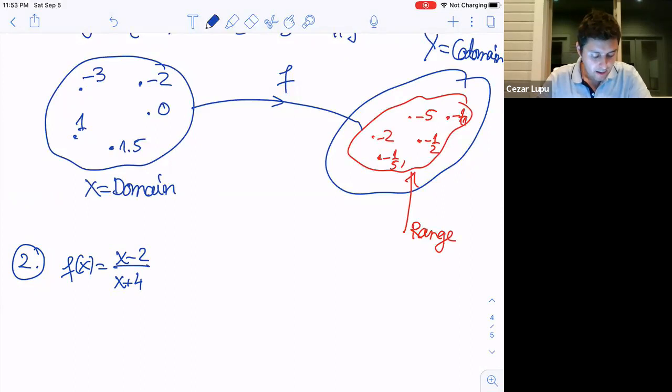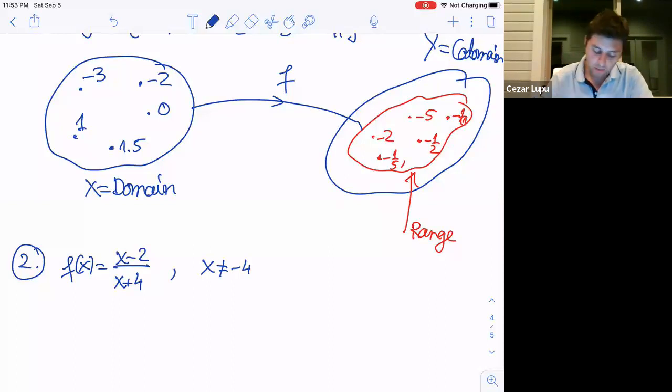Note that the domain is not specified, so we need to find it. Let's see, what restrictions do we have? We have that x is different than -4 because, as we said previously, for this function to exist, we need to make sure that the denominator is non-zero.